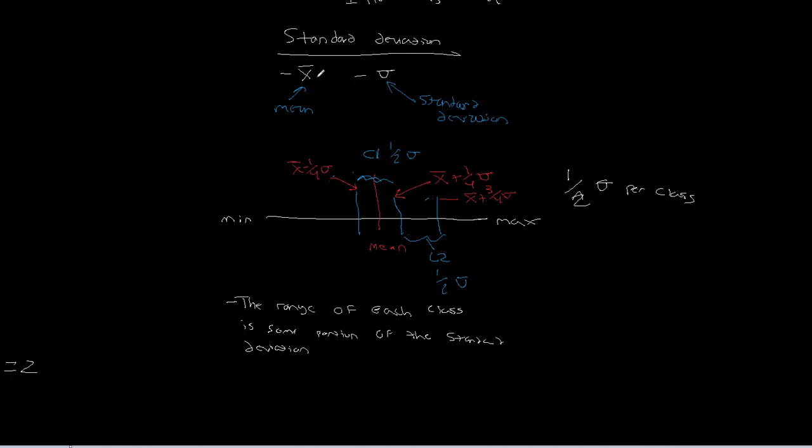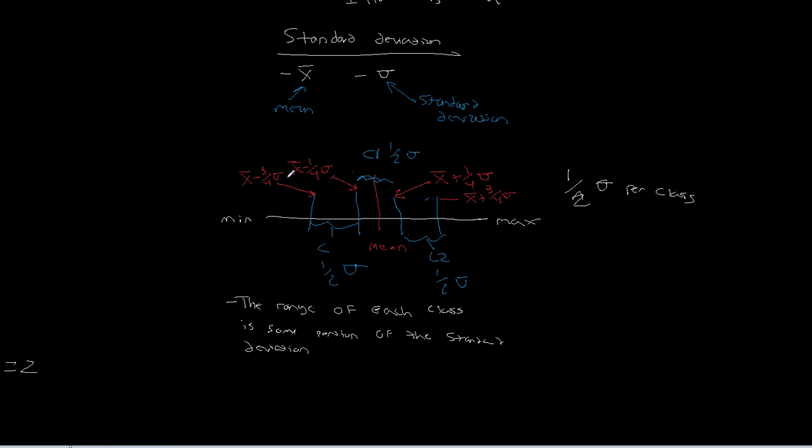And then we would do the same thing over here. This would be another class, which would also be half a standard deviation wide. But this breakpoint right here would be the mean minus 3/4 of a standard deviation. So hopefully this makes sense.